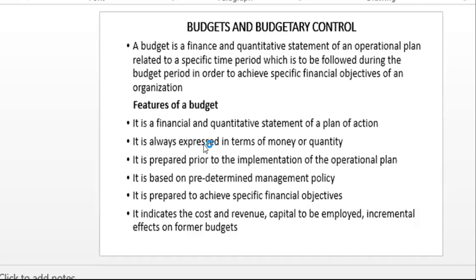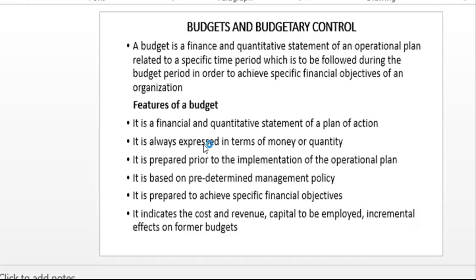So, budgets are always based on what has already happened. That's why we are saying we need to do some variance analysis at the end of the period, to see how far we have achieved whatever we intended to achieve, to see how far we have incurred whatever we intended to incur.